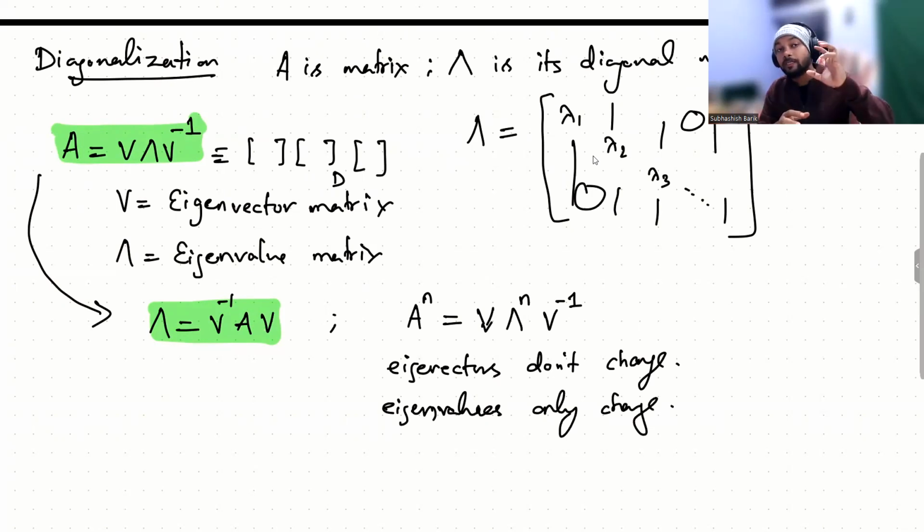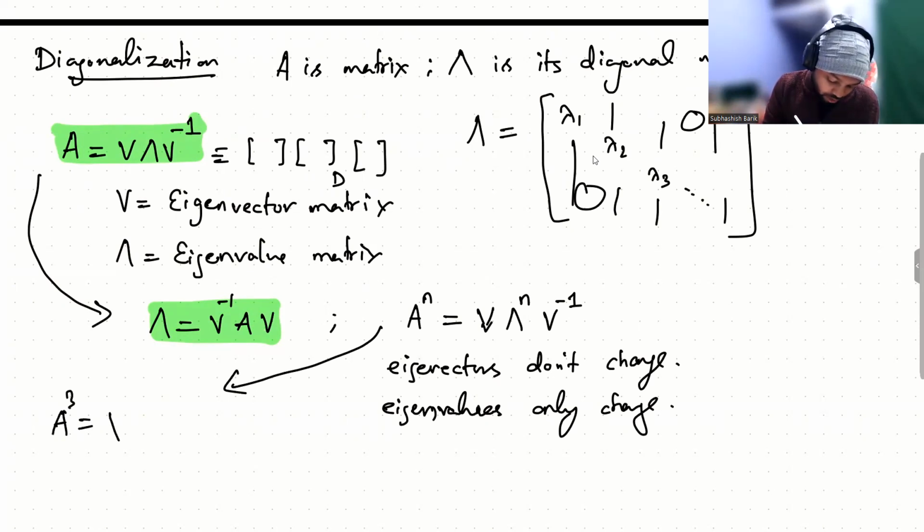So if you want to know the third power of A, all you need to do is use the eigenvectors you have already calculated. From that, you have the eigenvector matrix, and then you have the eigenvalue matrix, so you just take the third power of it.